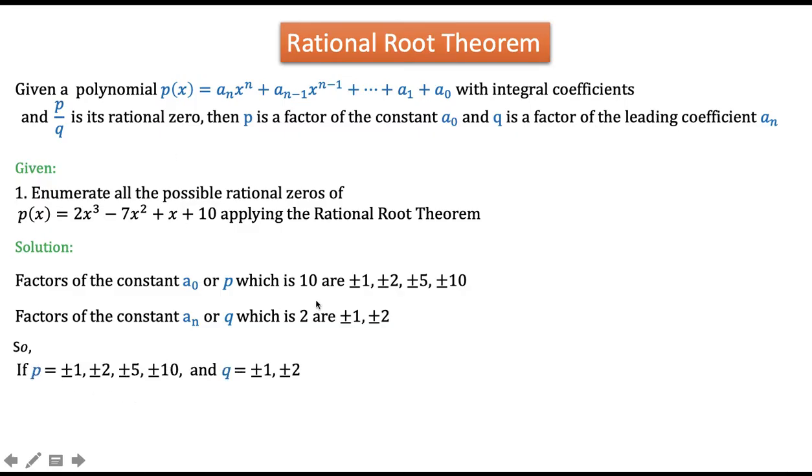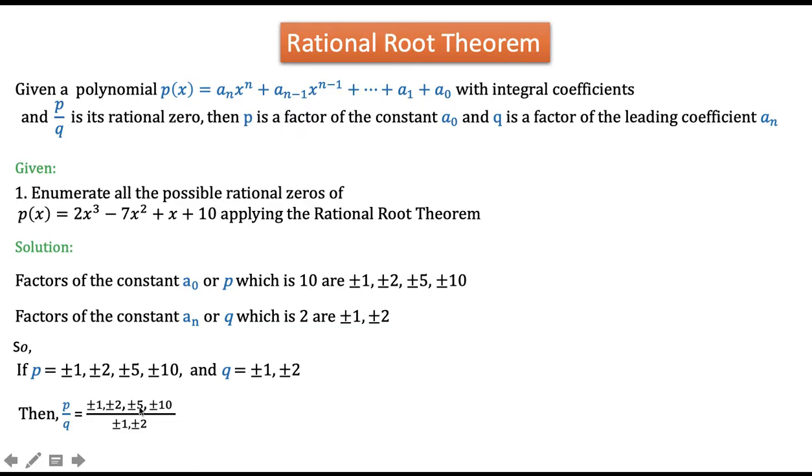So our p here is plus minus 1, plus minus 2, plus minus 5, plus minus 10, and our q is plus minus 1 and plus minus 2. We will write all the factors of the constant p in the numerator, then q in the denominator, and we are now ready to list down all the possible rational zeros of this given.